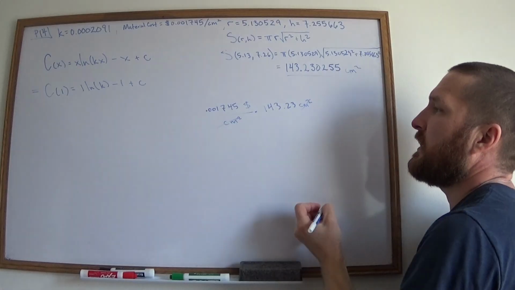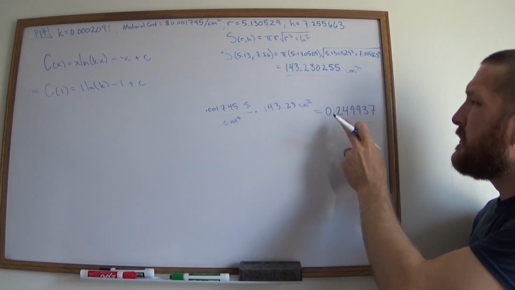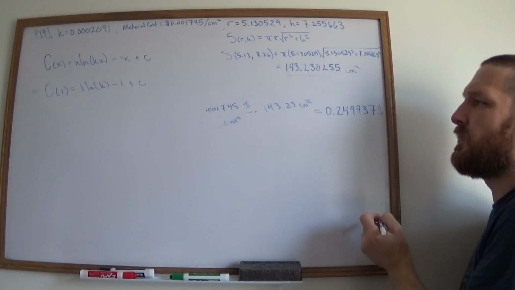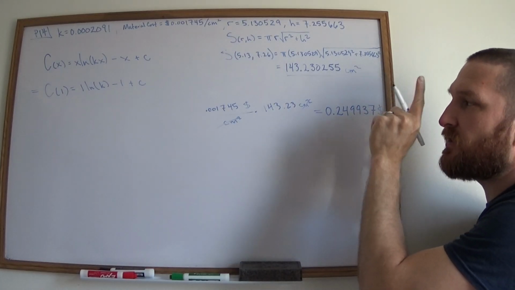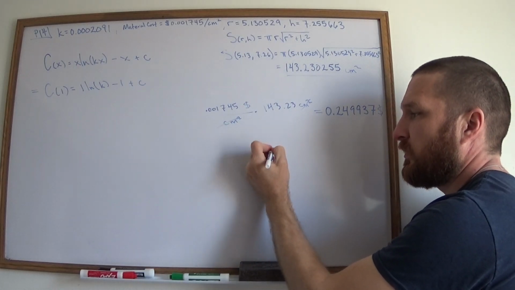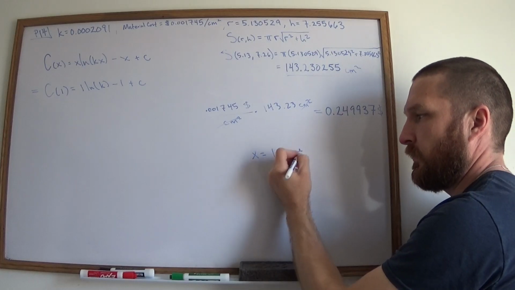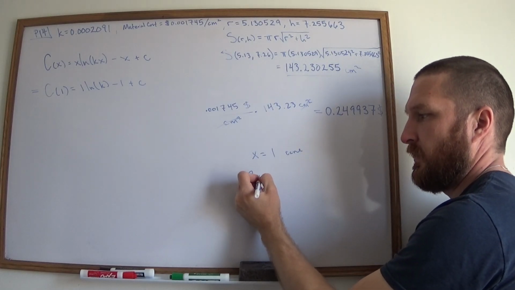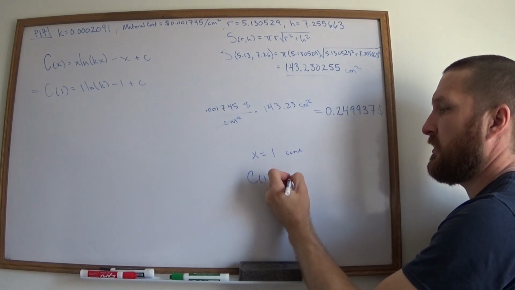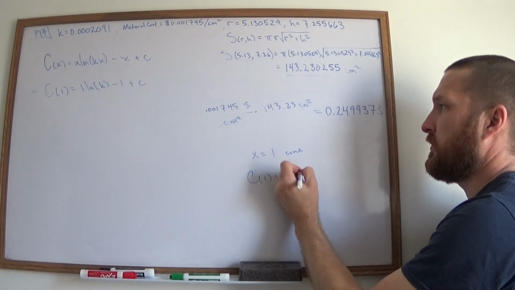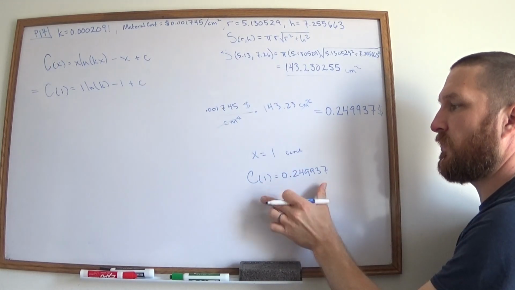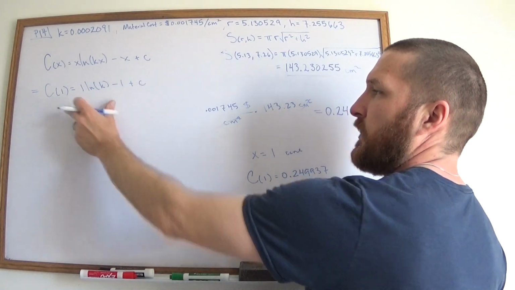We cancel those units out and we get $0.249937, and that is the cost of one cone. So in other words, when x equals 1 for one cone, the cost of production of that one cone is 0.249937.